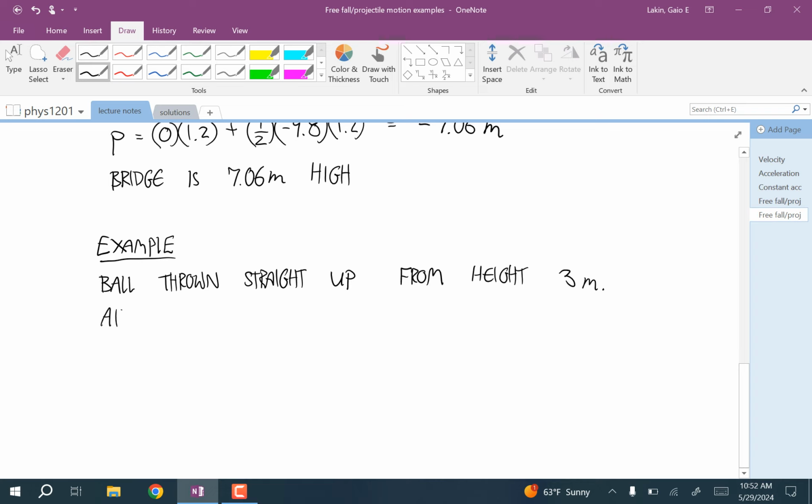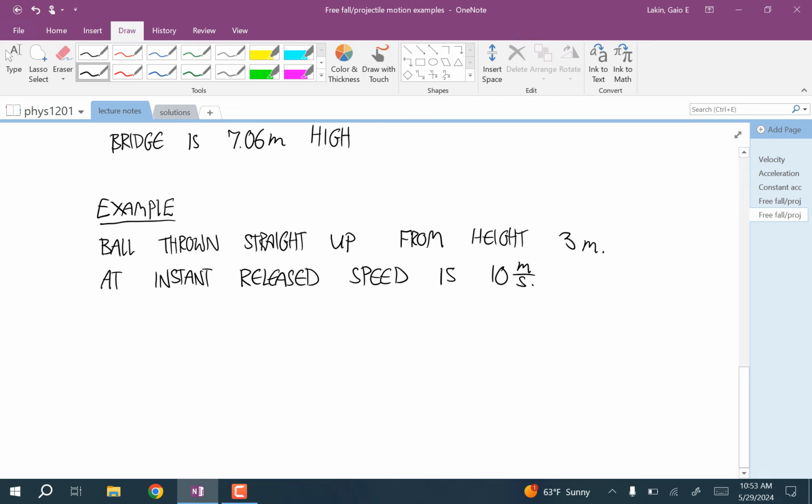At the instant it's released, the speed is 10 meters per second. And we want to calculate the following things. First, how high is the ball at its highest point?